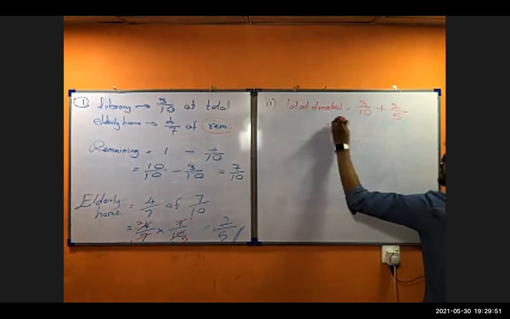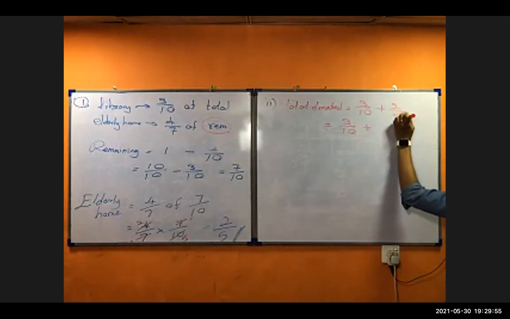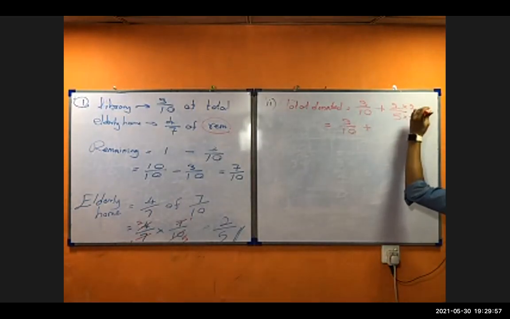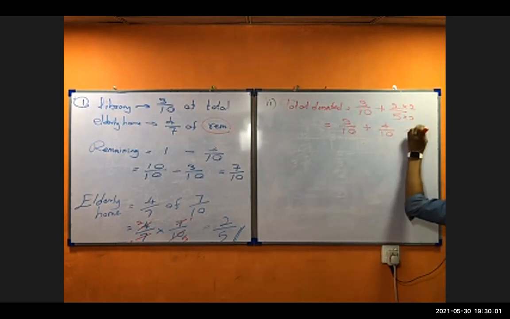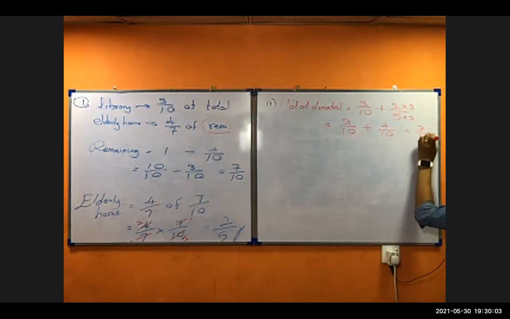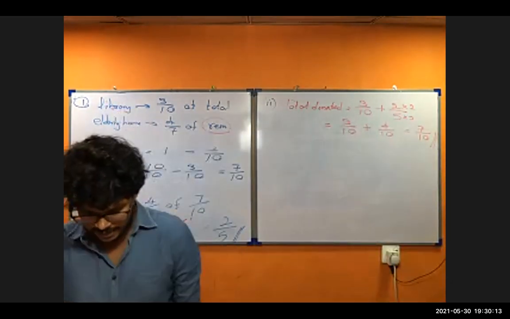So I will write 3/10 plus, here you have to multiply by 2, so 2 times 2 is 4, 5 times 2 is 10. And then I get 7/10. So this is the total she donated to the library and the elderly home.